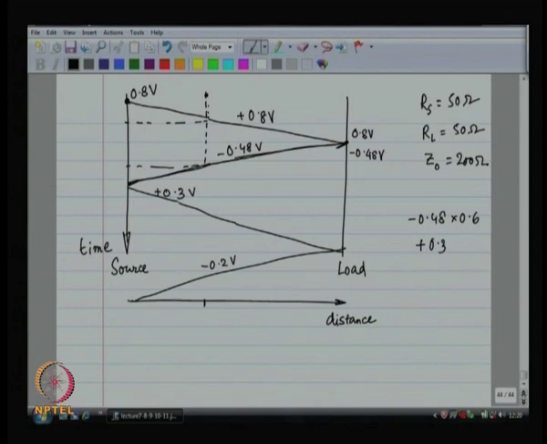You transmitted 1 volt, 50 ohms was the source resistance, 50 ohms was the load resistance. So, you expected 0.5 volts to reach the load. So, you started with 0.8, then after some time you got 0.8 minus 0.48, so 0.32. Then after some time you got a further plus 0.3, so you got 0.62.